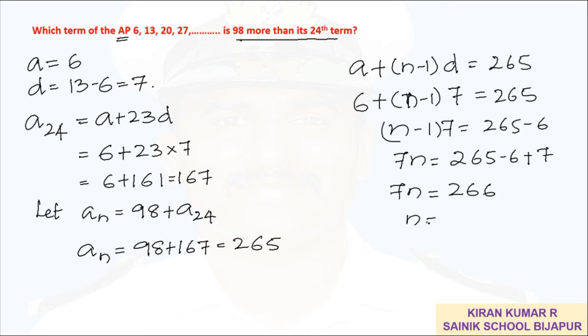So what is the value of N? It is 266 divided by 7. 7 3s are 21. 5 remains. 5 6 56. 7 8s are 56. 38. So 38th number is 98 more than the 24th number.